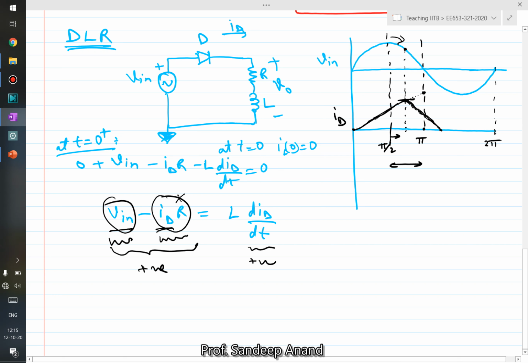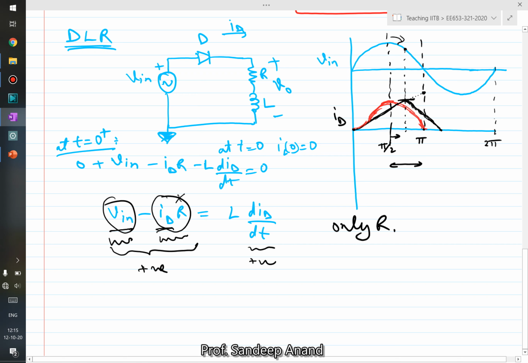right? If you consider only R, then what happens to the current? Obviously, if you consider only R, there is no inductor, then the current will follow the same wave shape as that of the input voltage. It will hit the peak here, right? And then it will come back to zero.